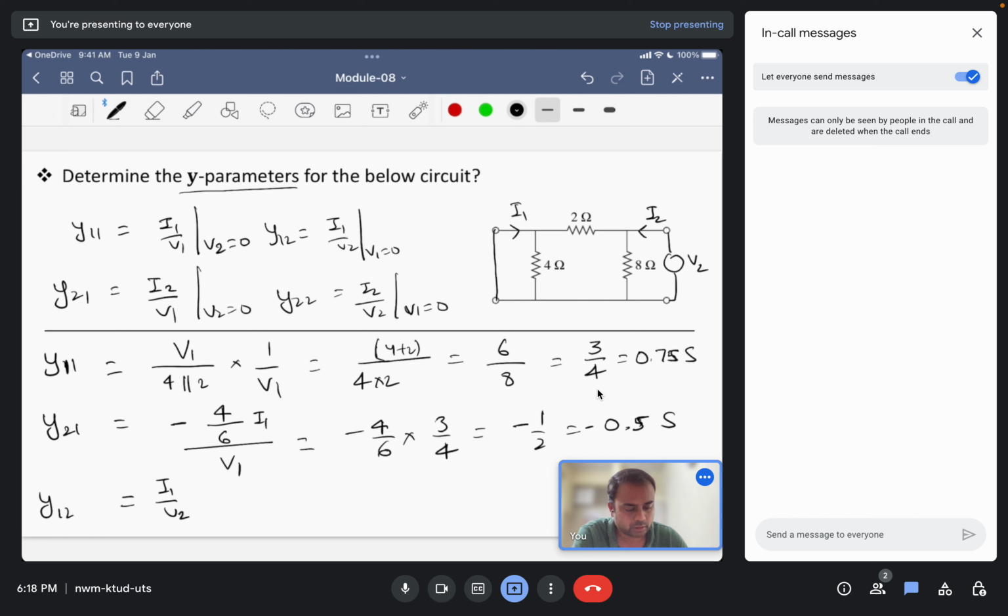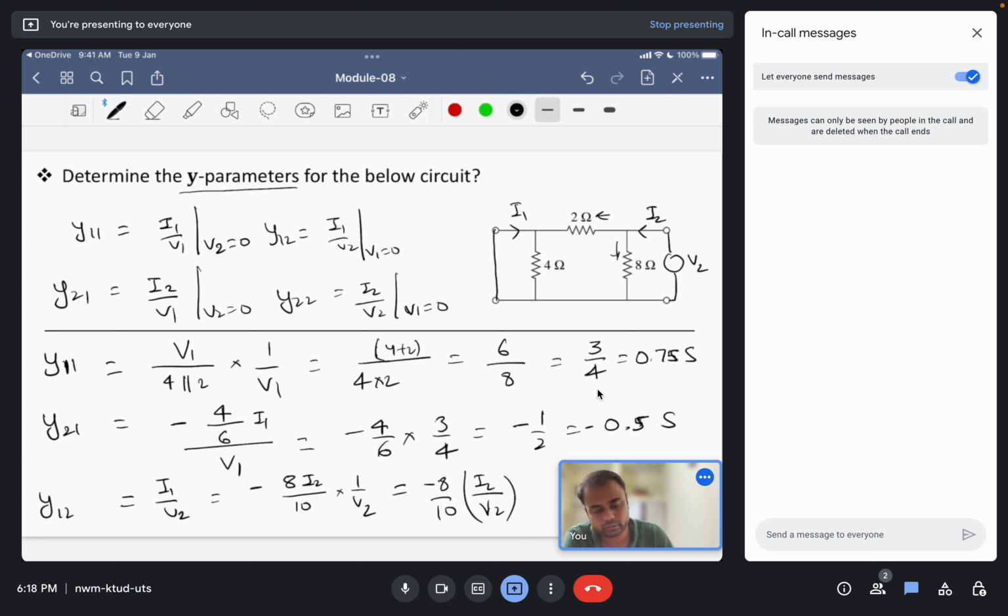Again, there will be no current flowing through the 4 ohm resistor, so I2 will bifurcate into this portion and this portion. The current through the 2 ohm resistor in terms of I2 will be opposite of I1, so again a minus sign here. Now, using the current division rule, 8 by 10 times I2, divided by V2. So this will be minus 8 by 10 times I2 by V2.